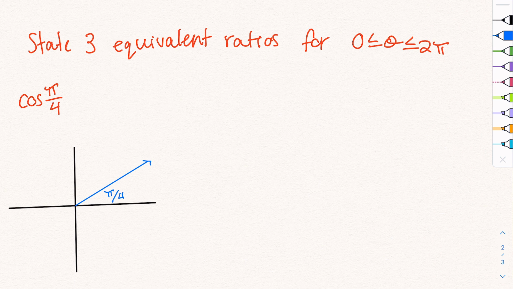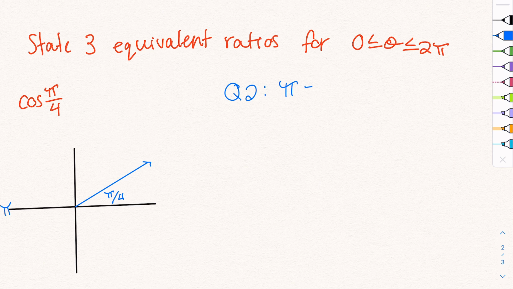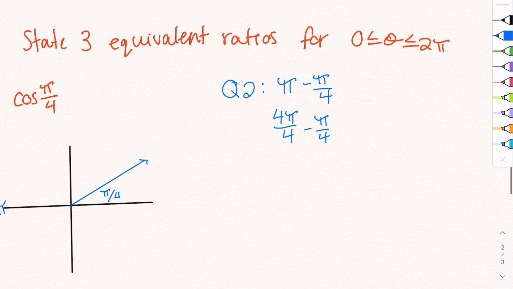But for quadrant 2, we would have pi minus pi over 4. So that would be 4 pi over 4 minus pi over 4. So we'd be left with 3 pi over 4.